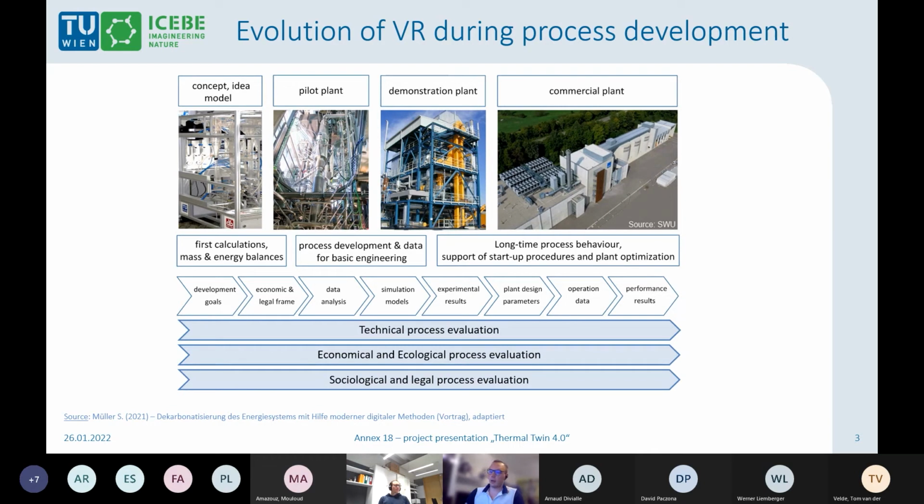Additionally, we have a look at a holistic optimization and evaluation approach, not only technical KPIs, also economical, ecological, and other aspects are in this framework.